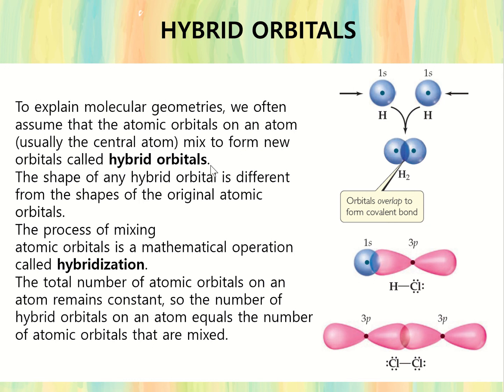The total number of atomic orbitals on an atom remains constant, so the number of hybrid orbitals on an atom equals the number of atomic orbitals that are mixed.